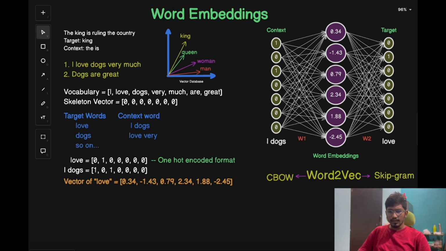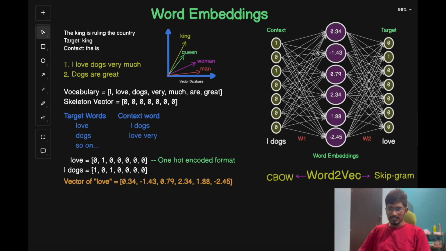Then we train a neural network with these context word and target word vectors, and generate an intermediate weight matrix. You can also use more than one hidden layer in the neural network. That is fine. Here we are not going to understand in detail how a neural network works, or else this video will become lengthy.